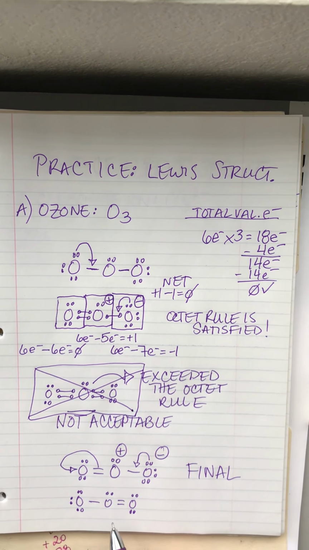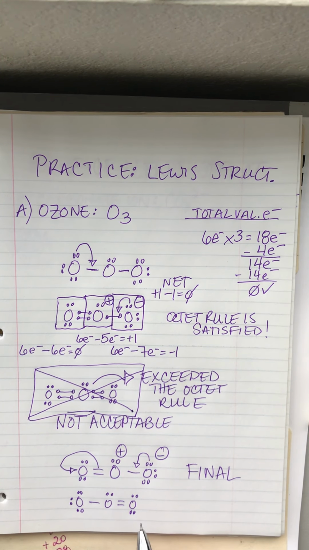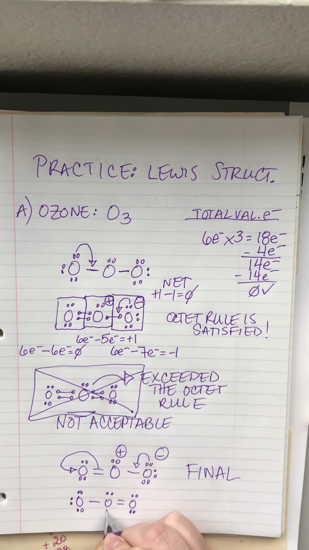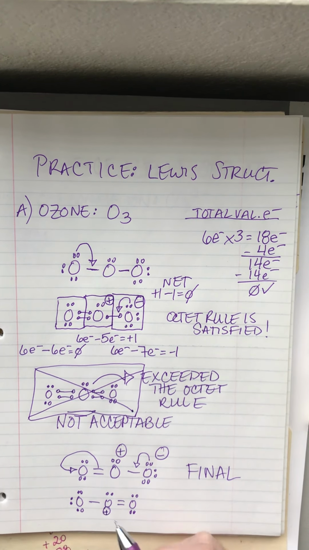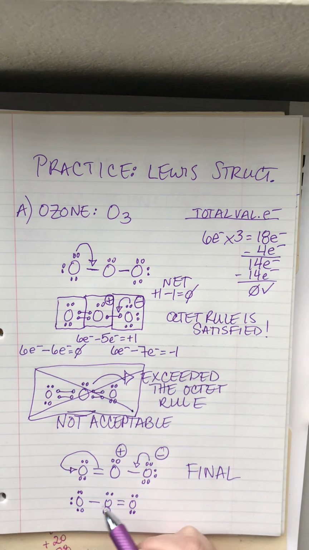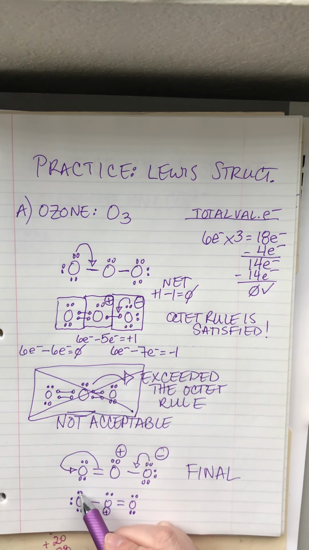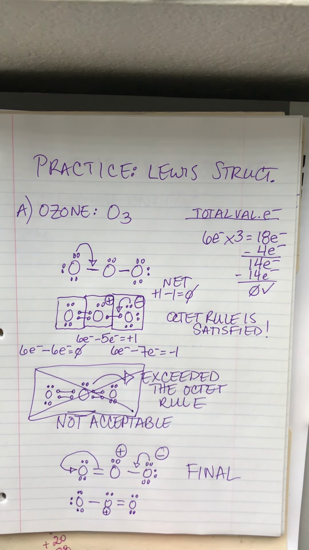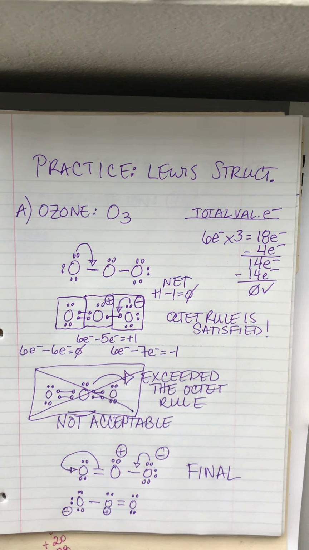Now I have to reevaluate for formal charge. I see that the one in the center still has a positive 1 charge because it has 1, 2, 3, 4, 5 electrons around it. And the one over here now has the negative charge, so 1, 2, 3, 4, 5, 6, 7 electrons. There's an extra electron over here, right?